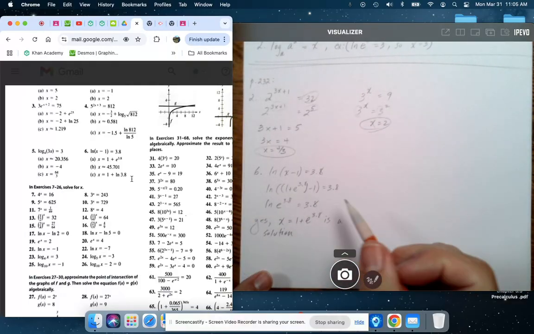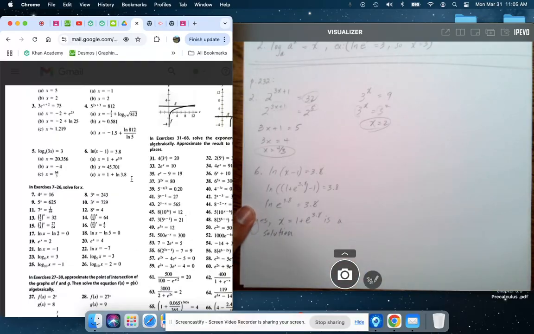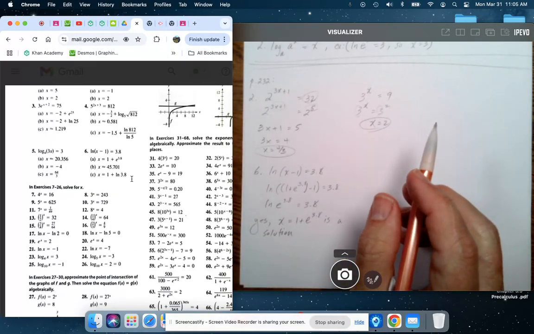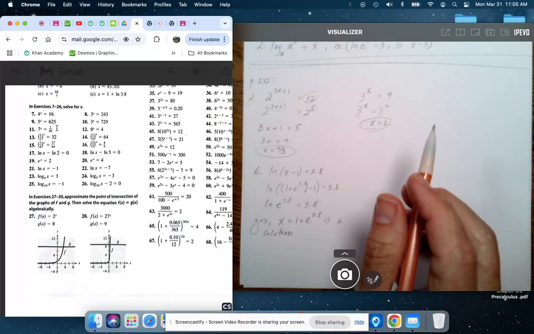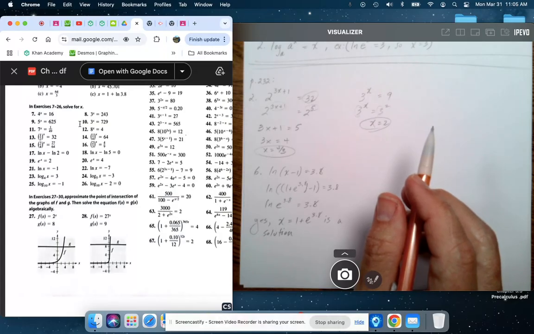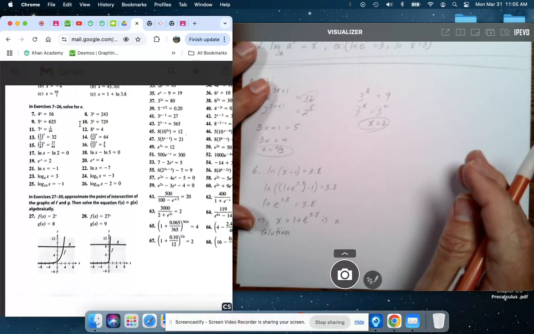All right. So that is the first set. The second set says in exercise 7 through 26, solve for x. So let's look at number 8.